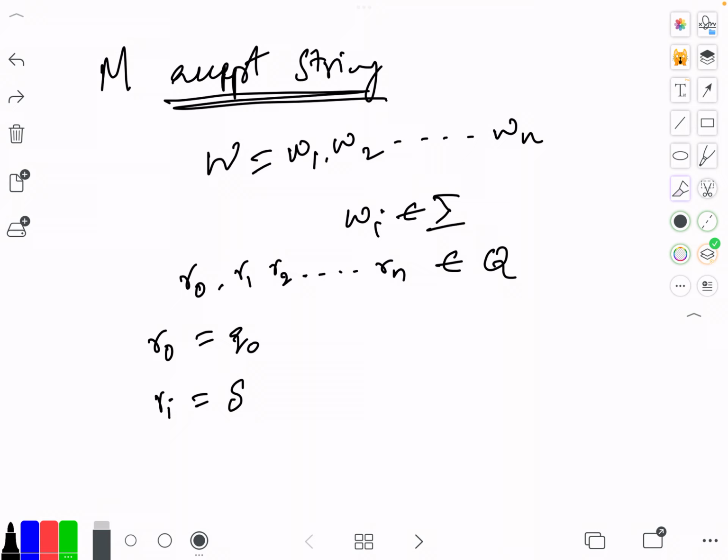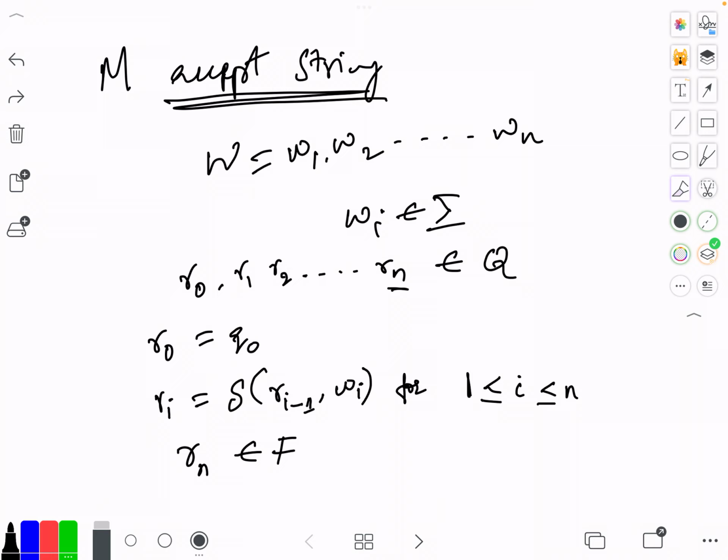That would be delta of ri minus 1 comma wi, for i between 1 and n. That's when rn belongs to F, the set of final states, where M is accepting the string.